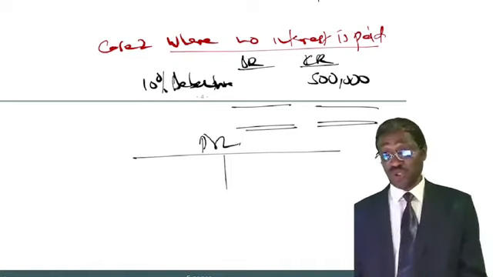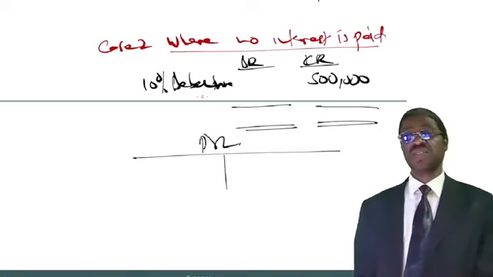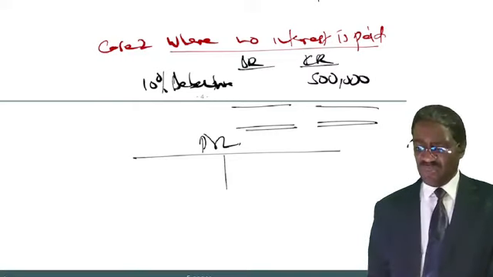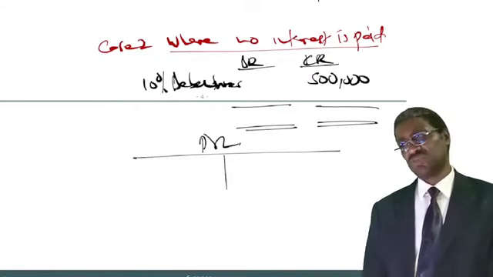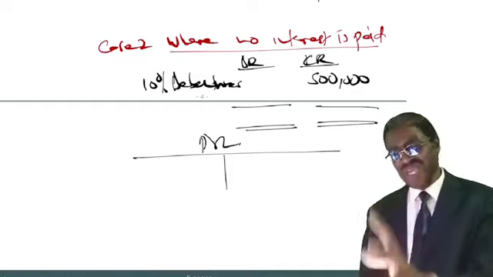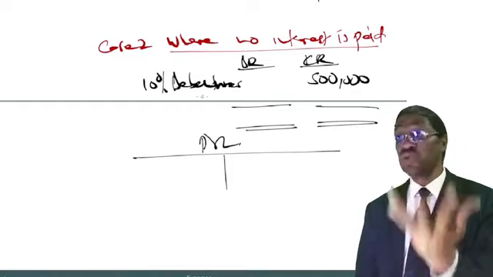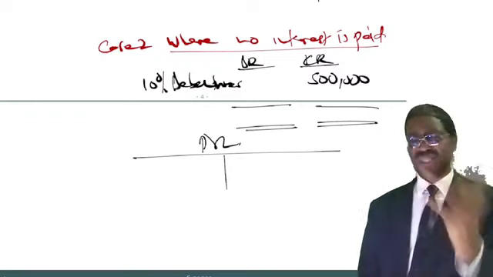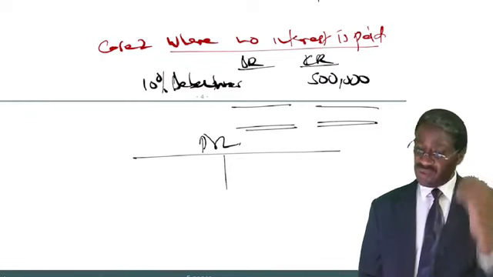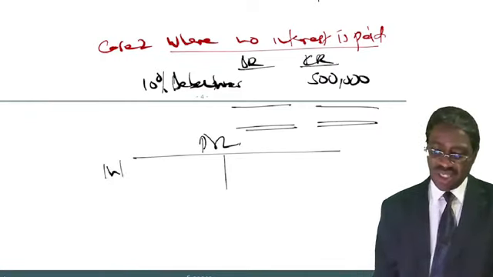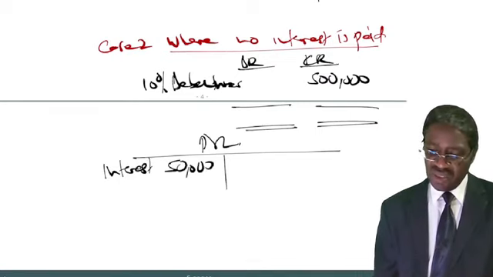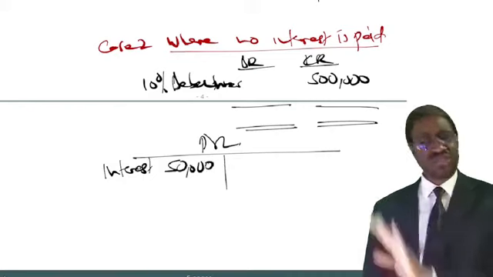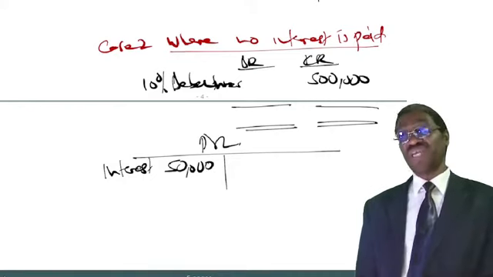What am I supposed to charge? We have already discussed. We have agreed whether you have paid interest or not, so long as debentures are there or loans are there. The question could be loan, the question could be debenture, it's the same. So again, you come and charge interest. How much? 50. Whether you have paid or not, that's not the concern of the income statement.